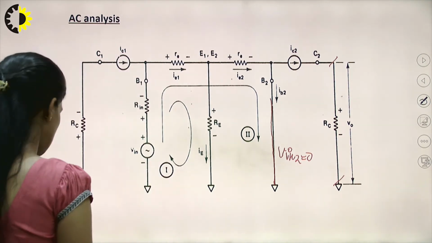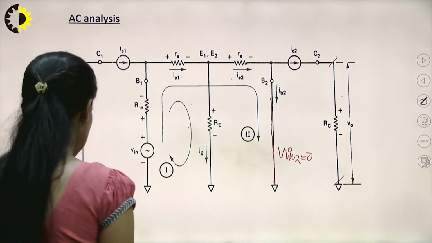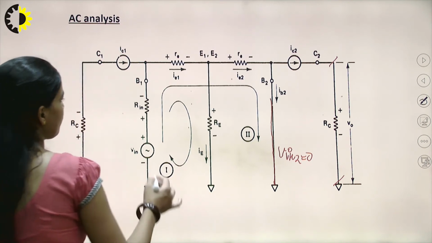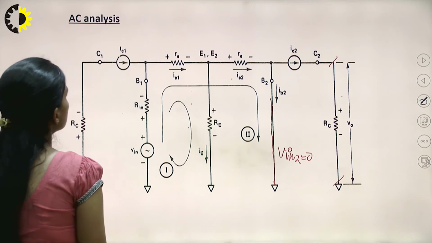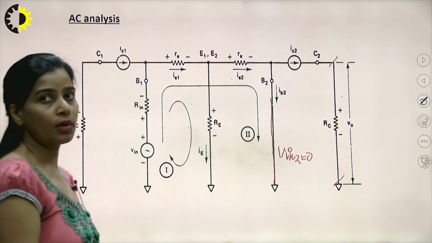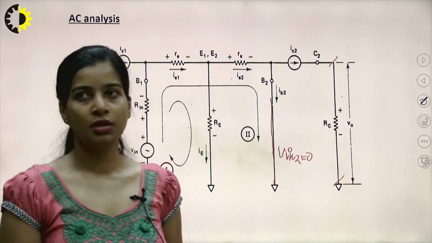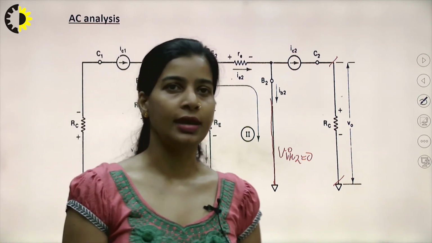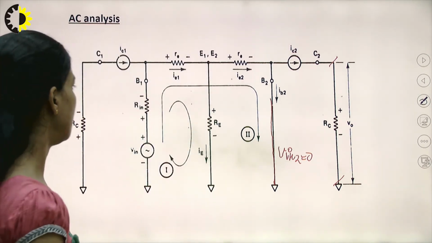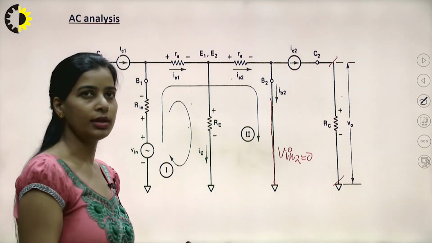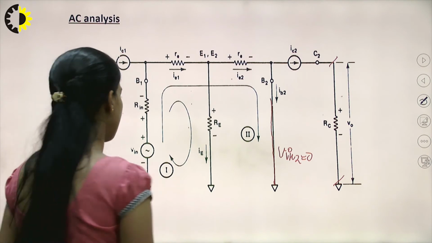Two loops of analysis are indicated here as loop 1 and loop 2. With the same procedure that we followed for the previous configuration, we write the KVL equations, simplify to find the expression of output, and from that we can calculate the differential gain.